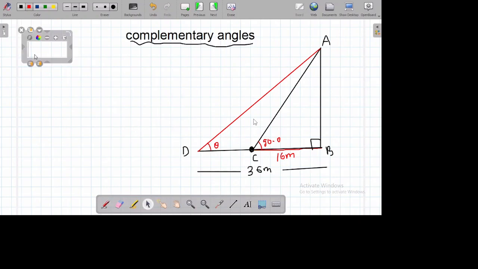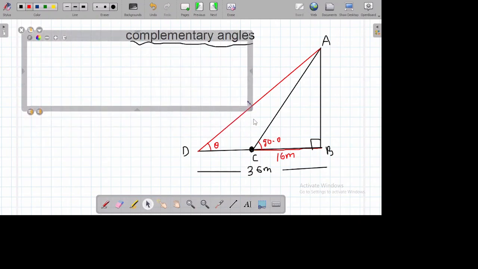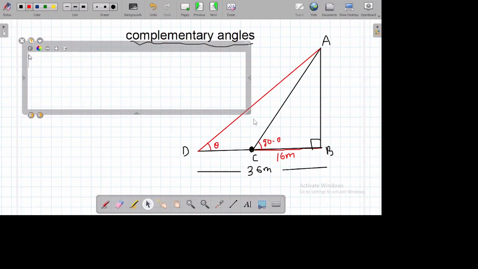So let's write down. Let's not start from the right angle triangle directly.